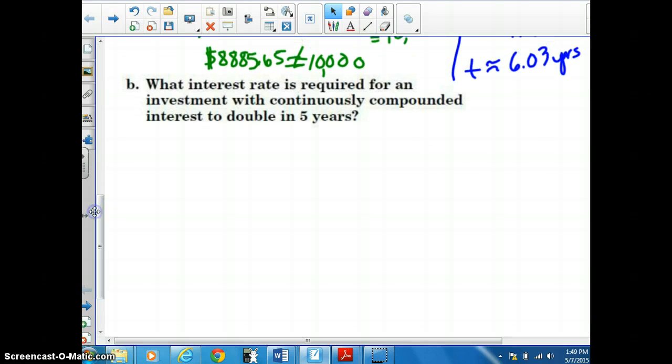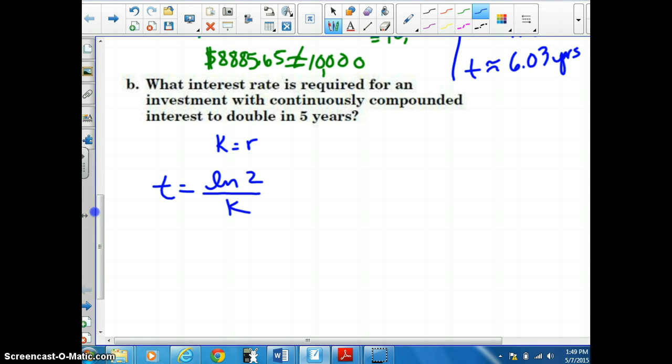Right, the second part of that problem, part B, says what interest rate is required for an investment with continuous compound interest to double in 5 years. So again, remember that k equals r. So k, the constant in the first equation, is equal to r, which is the rate in the second equation. And so I'm going to use my time function again, t equals the natural log of 2 over k.